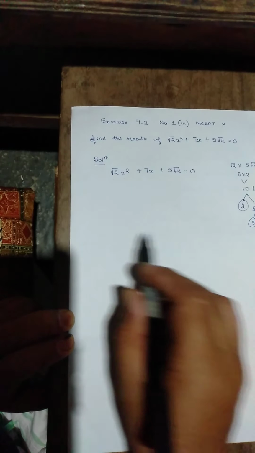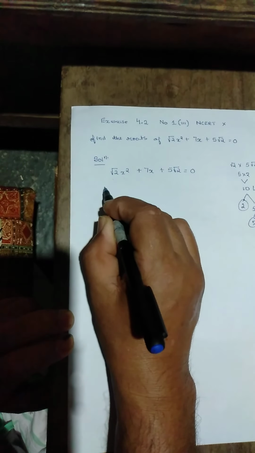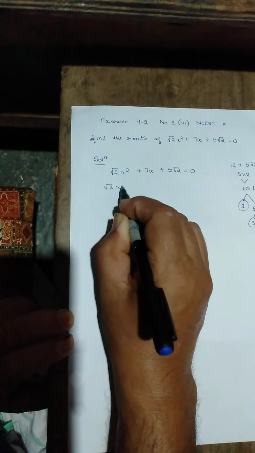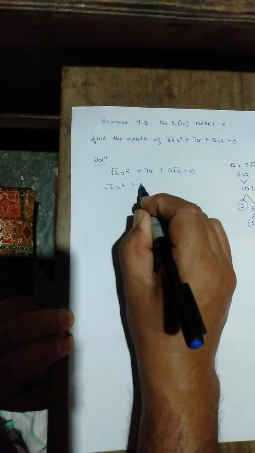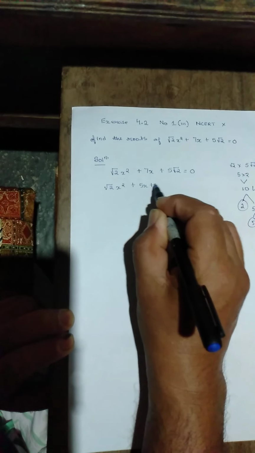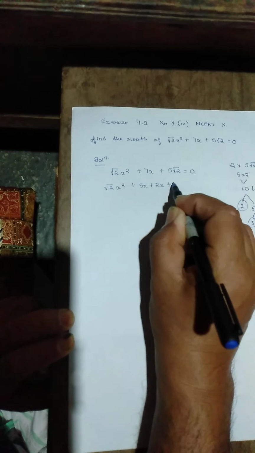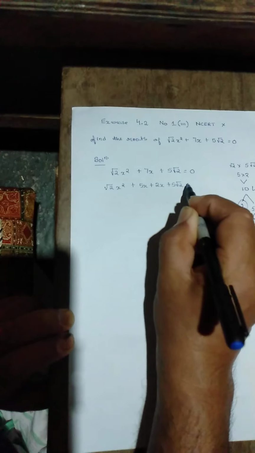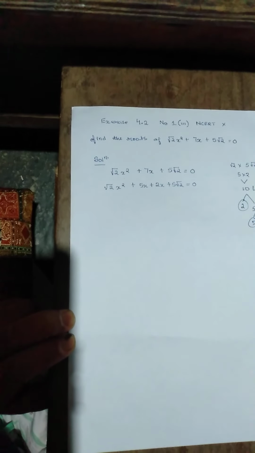So we can clearly see that we can write this as root 2 x squared, alright, plus 5x plus 2x plus 5 root 2 is equal to 0.